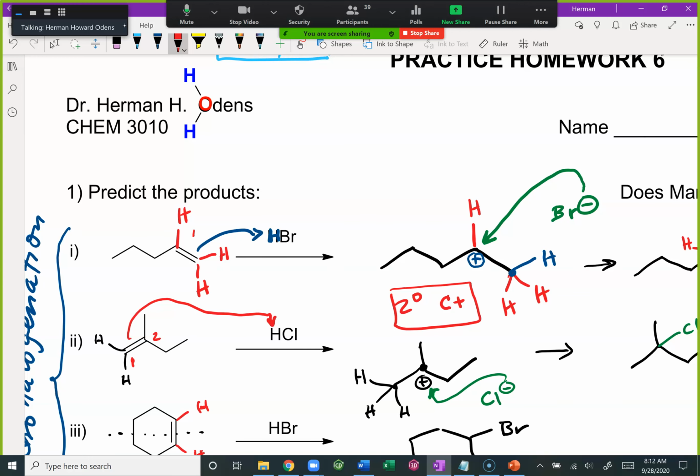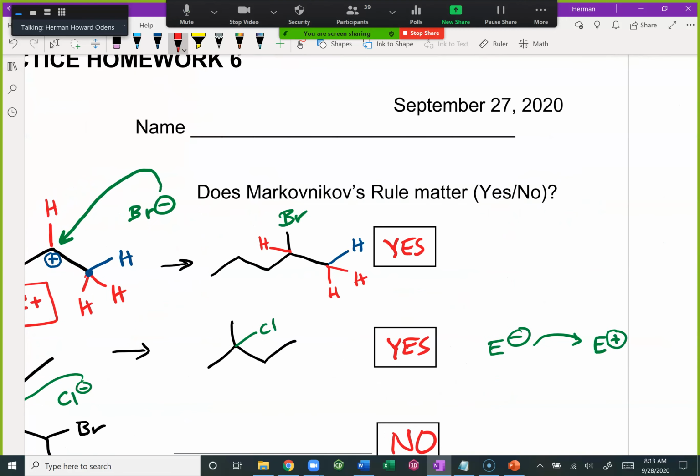So here where you have your electron-rich double bond going to your E+, your E+ is your proton now. So I said that electron rich always attacks electron poor.